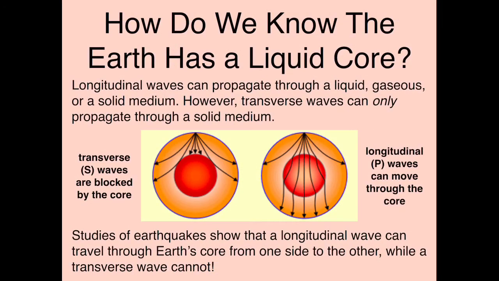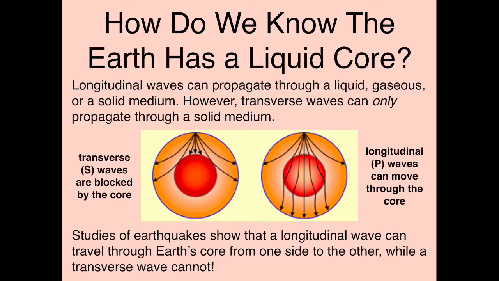Okay, so let's take this idea that we can have longitudinal and transverse waves and they have different properties, and let's use that idea to answer an interesting question, which is, how do we actually know that the Earth has a liquid core? So a simplified model of the Earth that you should have in your mind is something like an onion.